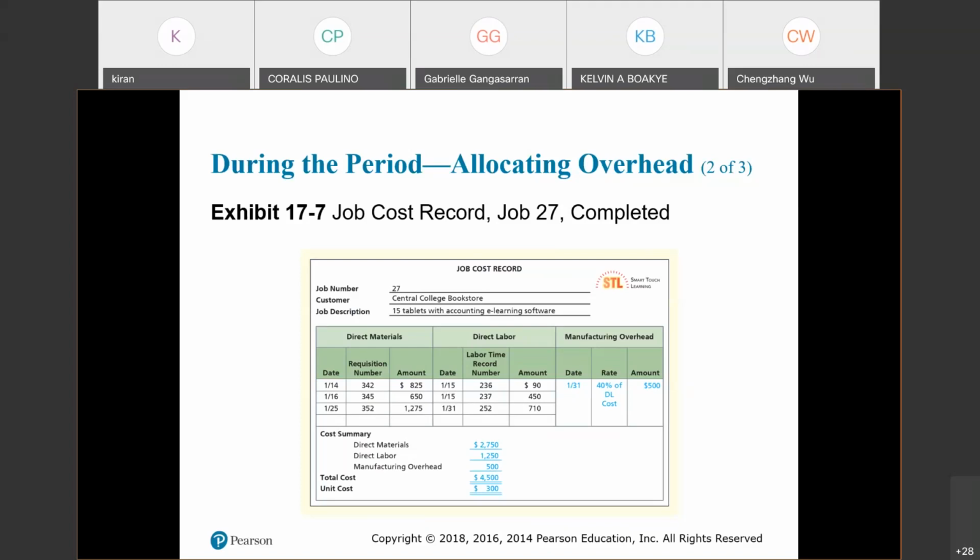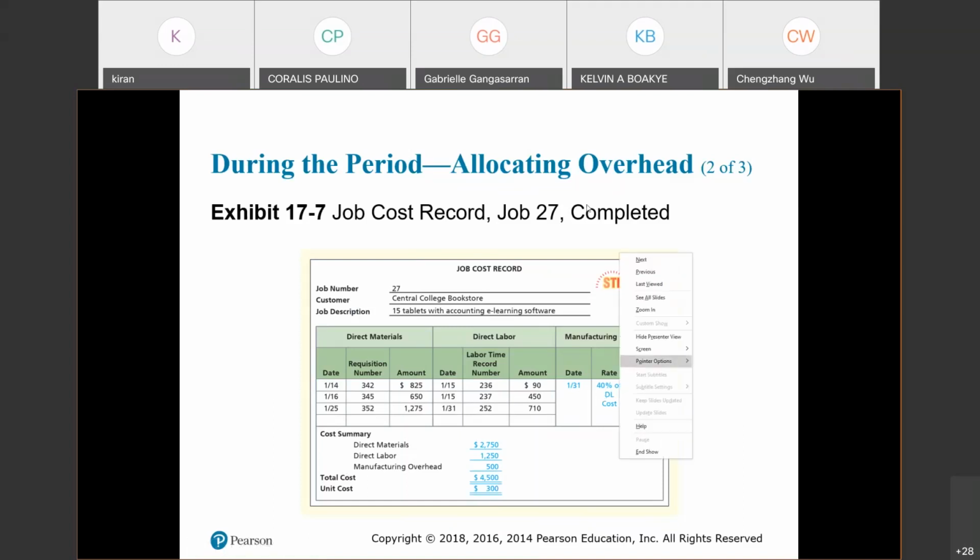The cost summary section of the completed job cost records for the Central College bookstore order shows job 27 cost SmartTouch Learning a total of $4,500, and divided by 15 units, we get the unit cost of $300.